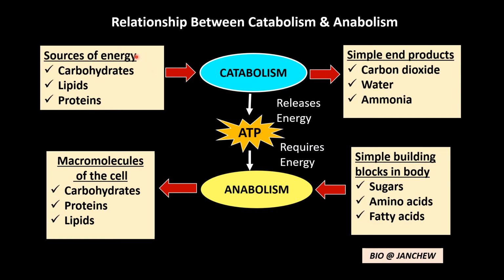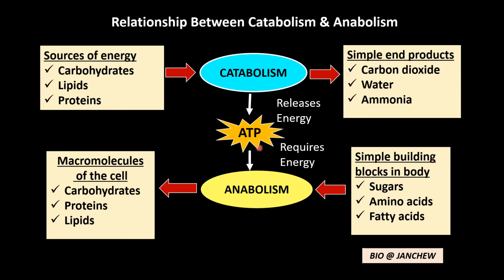For example, our complex molecule may be carbohydrates that are broken down through cellular respiration. One example of the carbohydrate is glucose, right? So glucose can be broken down in cellular respiration to form water and carbon dioxide. And in the process, a lot of energy is released for the formation of ATP, which stores that energy in a chemical form in its chemical bonds.